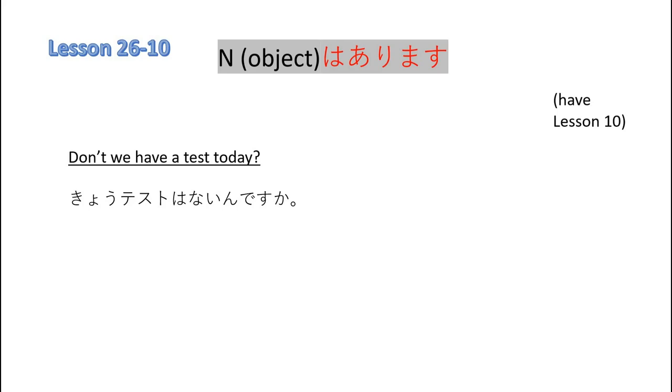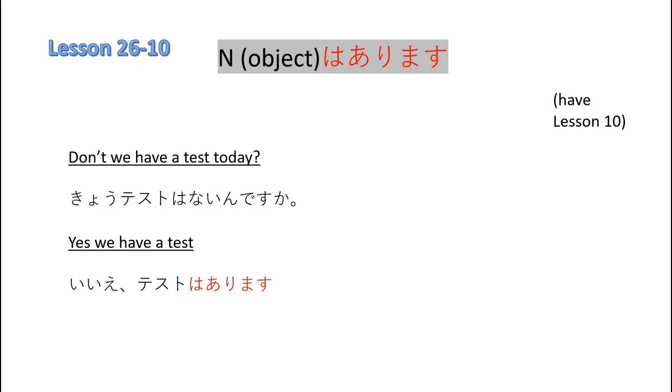Yes, we do have a test. いいえ、テストはあります。So in this sentence also, we are paying more focus on the information about the subject. About the subject, which is the test, we are saying that there is a test.